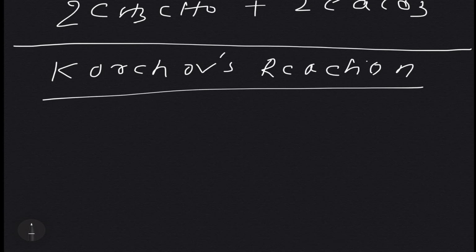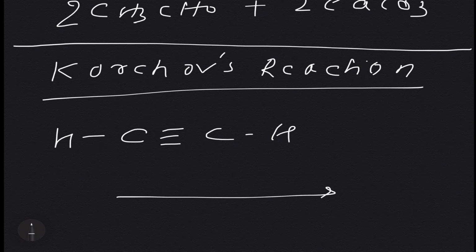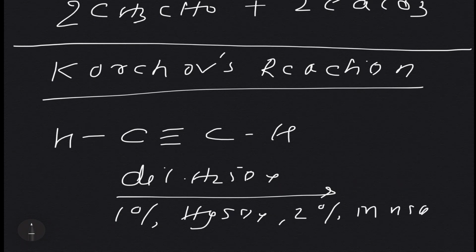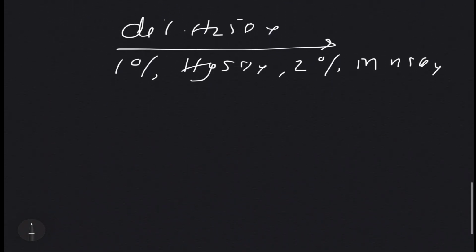When you see Kucherov's reaction, you see CH triple bond CH, and you are treating this with dilute H2SO4 containing 1% HgSO4, 2% MnSO4, and 80% water should be involved in the reaction.